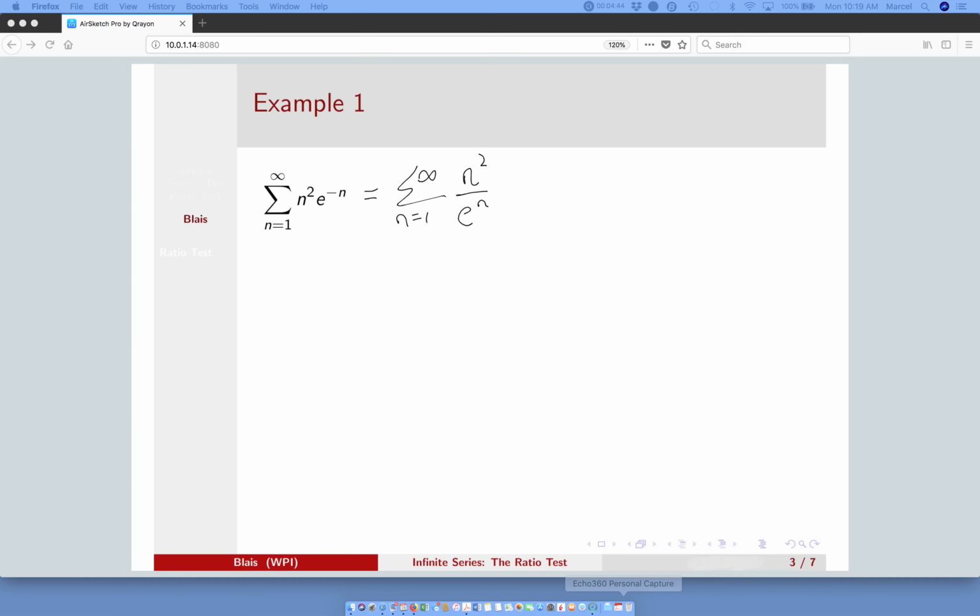Polynomial on the top, exponential on the bottom. We know the exponential races to infinity dramatically faster than the polynomial. So this probably has a chance to converge. These terms may go to 0 quickly enough. So that's our guess. And to show it, we will use the ratio test.